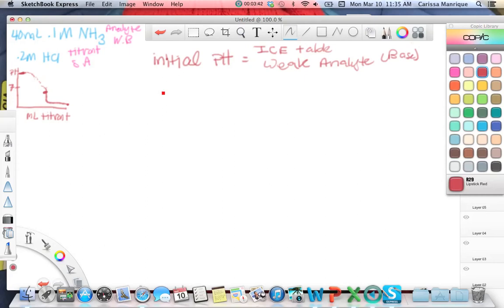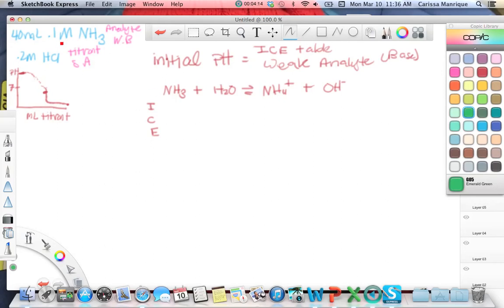Okay, so I'm going to have my NH3 plus water, just doing my equation for a weak base, and we're going to get NH4 plus and OH minus. And this is just, from the chapter before, the same ICE table for a weak base. So if I plug in all my numbers initially, we put in our molarity.